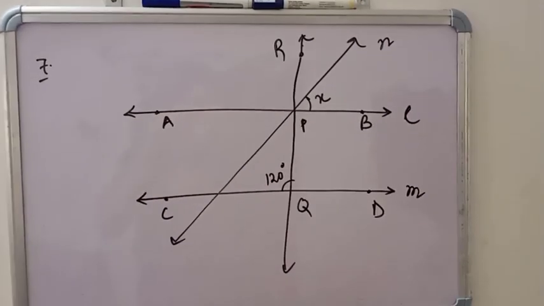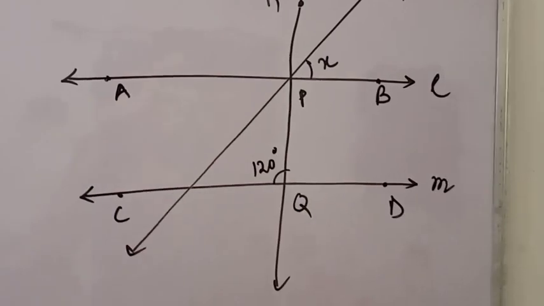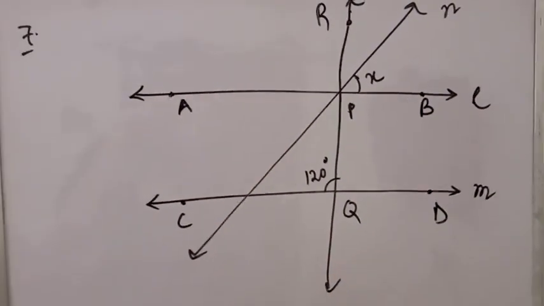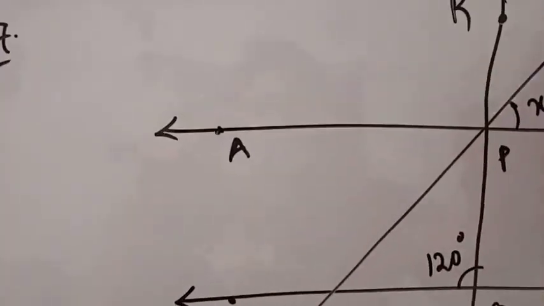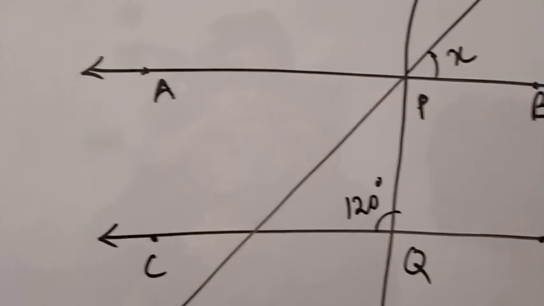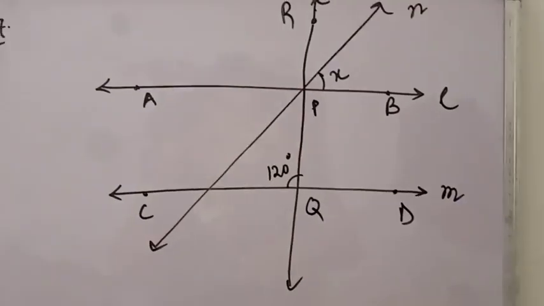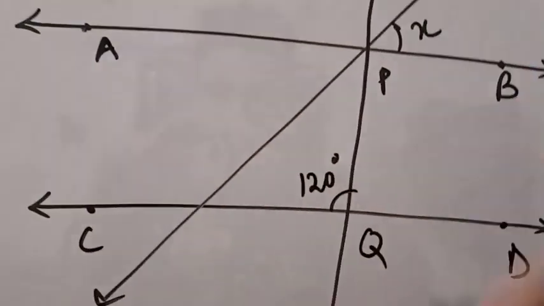Now in number 7, see that in the given figure, L, M, N are lines and N is the transversal over there. And one line is drawn which is the bisector of this angle. Now we have to find the value of x. Okay.